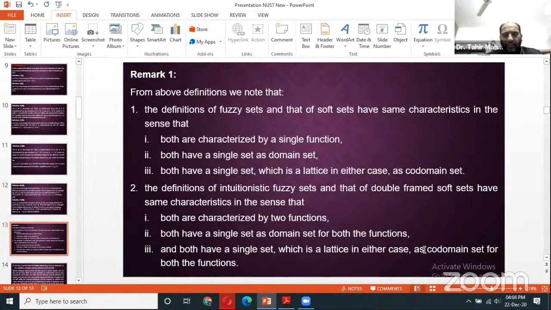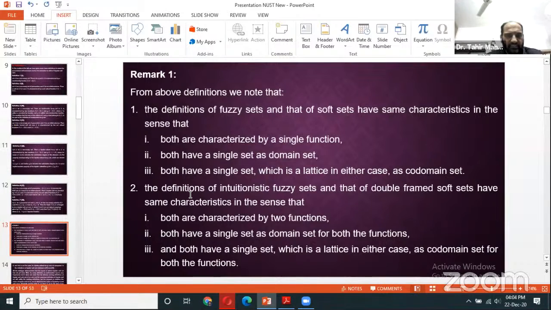Now, we have the remark. Actually, these remarks define the motivation for why it was necessary to give a new definition of bipolar soft set. Look here, from the above definitions, we notice that the definition of fuzzy set and the definition of soft sets have some same characteristics, in the sense that both are characterized by a single valued function, both have a single set as domain set, both have a single set which is a lattice in either case as codomain set.